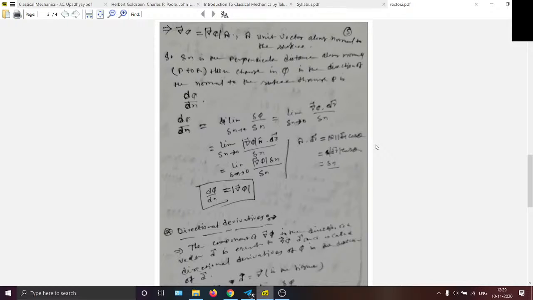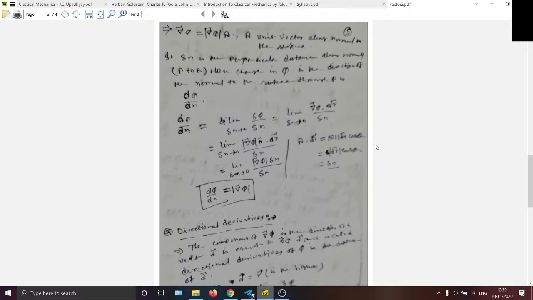Then the change in phi in the direction of the normal. If you are moving along the normal, how much is the change in the function phi?